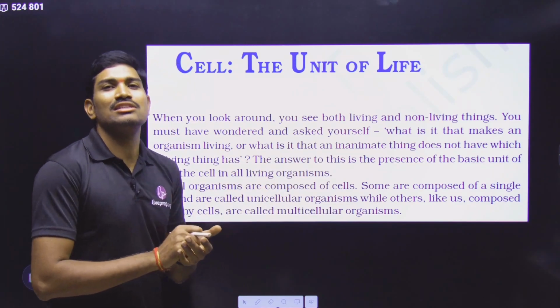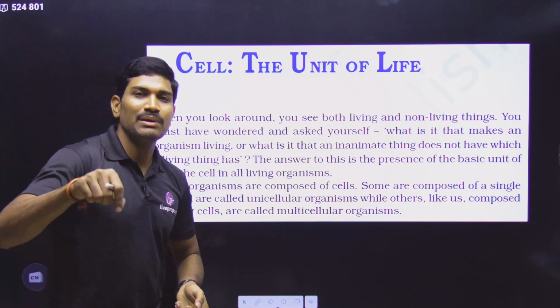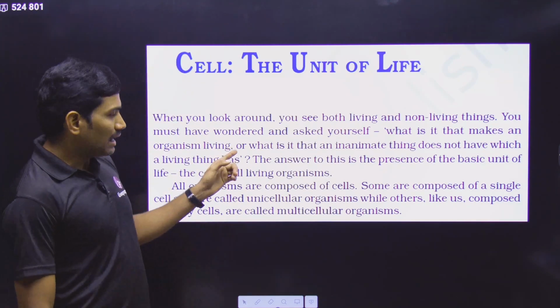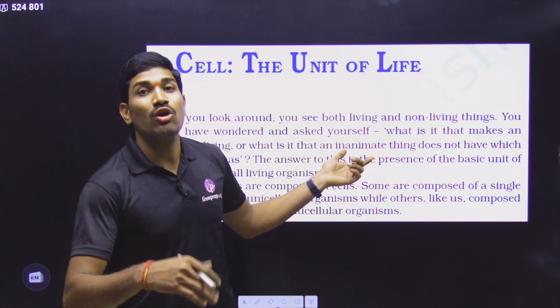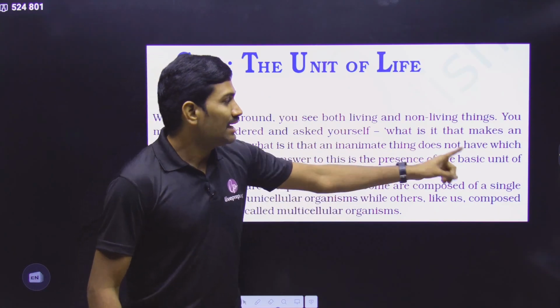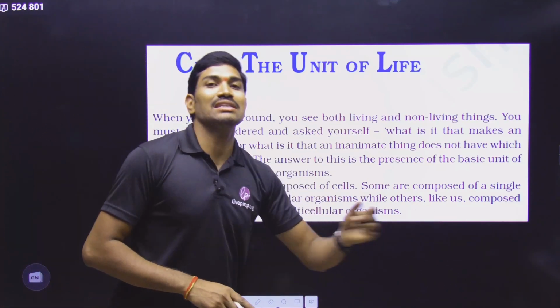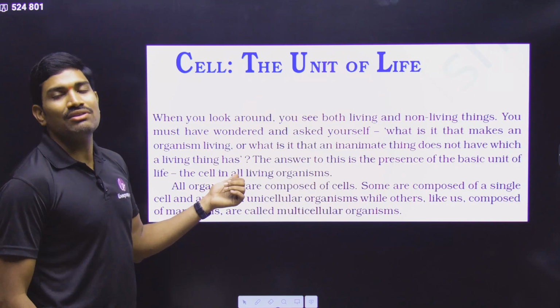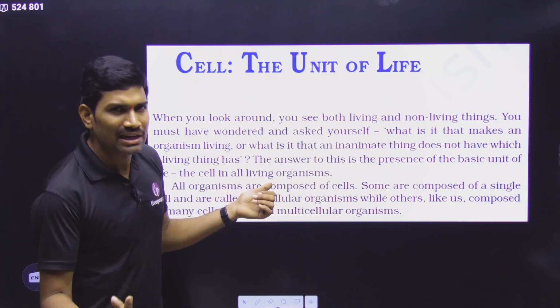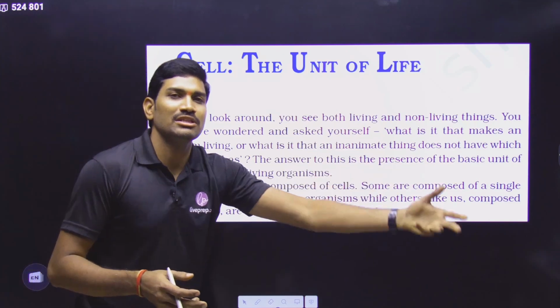How is this possible, and what is the unit that is responsible for keeping this as living? Or what is an inanimate? Inanimate means non-living. So what is present in living? What is not present in non-living? So something is present in a living organism, whereas that particular component is not present in a non-living thing.